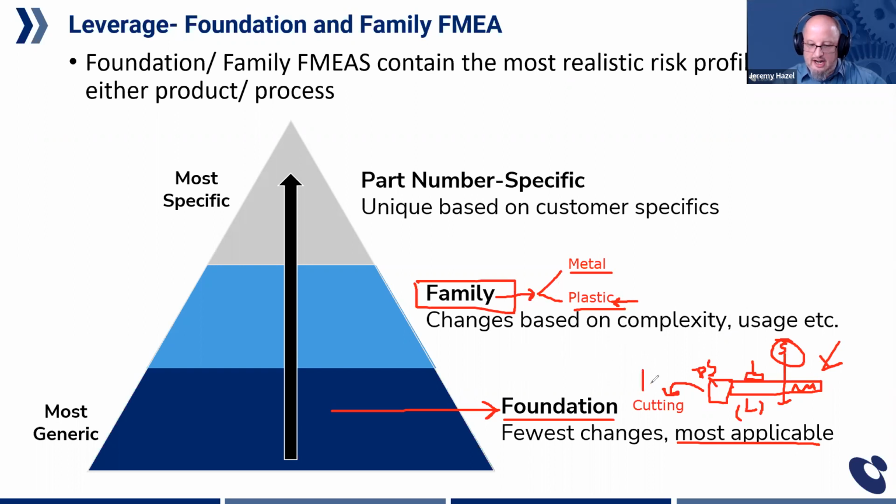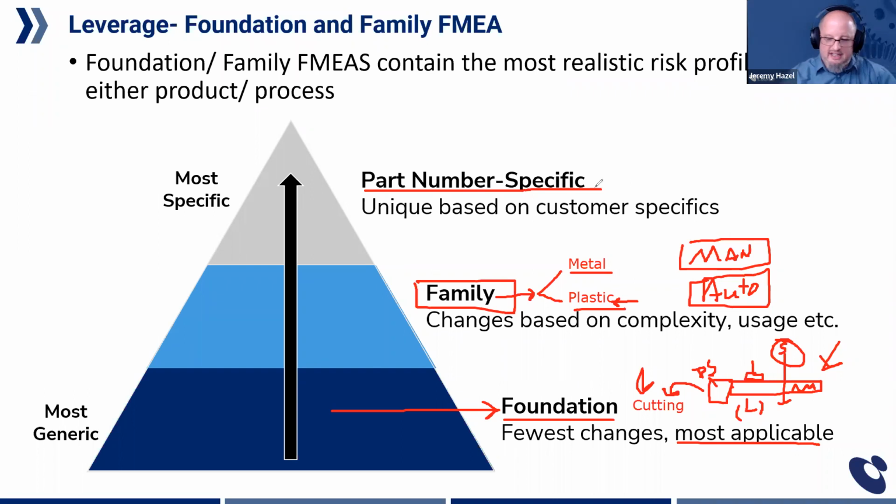If I have a cutting operation that is manual and I have a cutting operation that is auto, could I divide by the type of technology? Sure, because there are things in automatic cutting that aren't in manual. And lastly, each part number needs to be at least evaluated for anything that is unique.